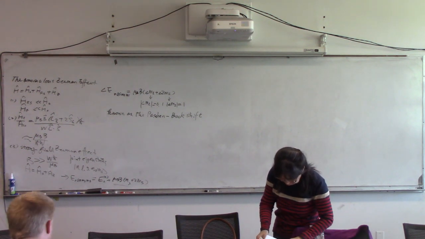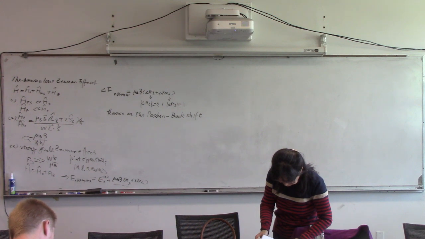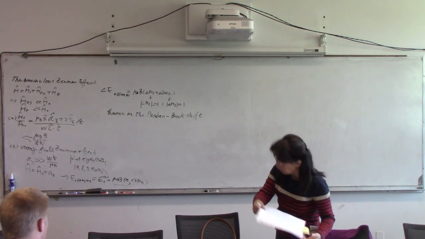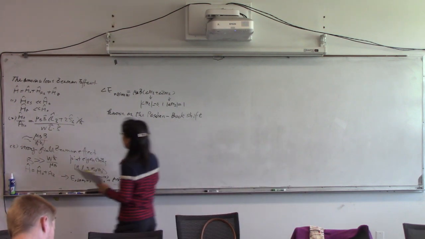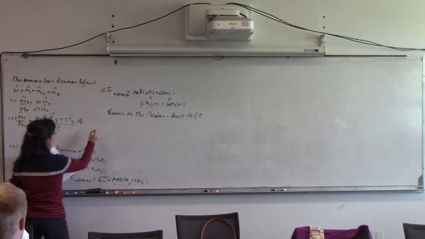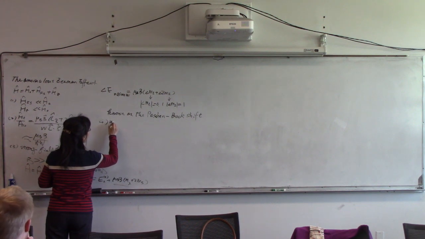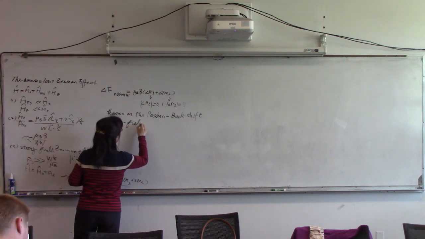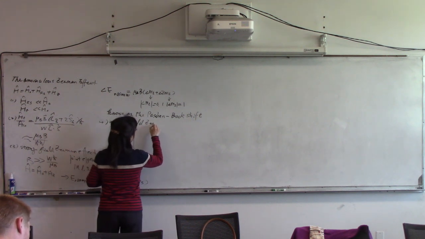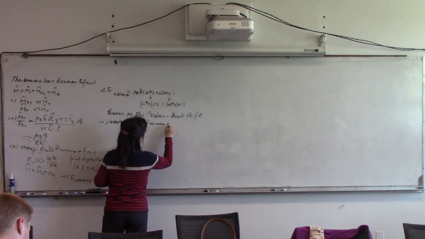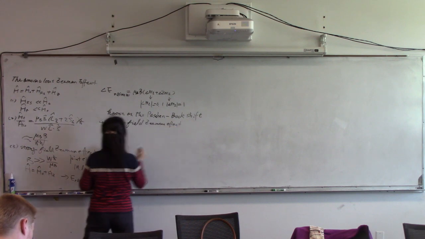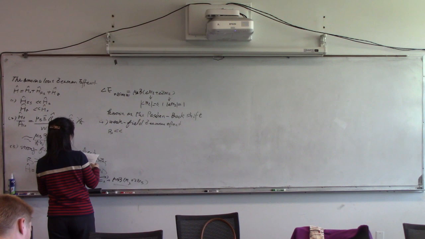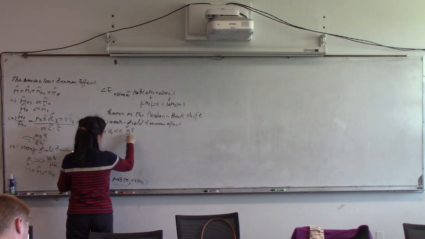Now for the weak field, there's more information. The weak field is a little complicated, because we have to consider the fine structure, right? That case is B is much smaller than this term.